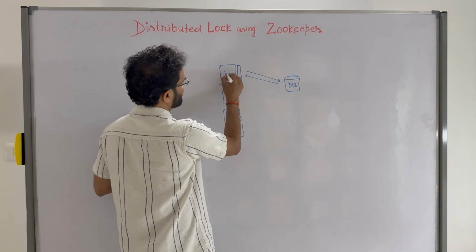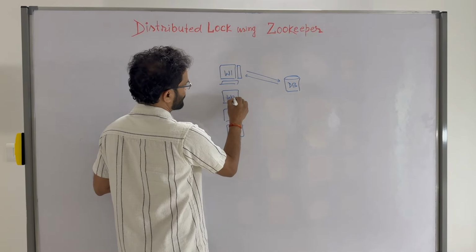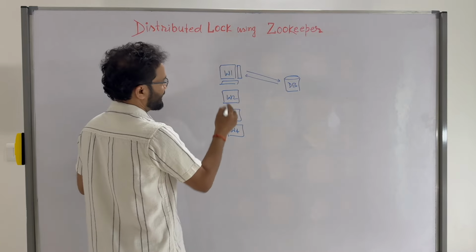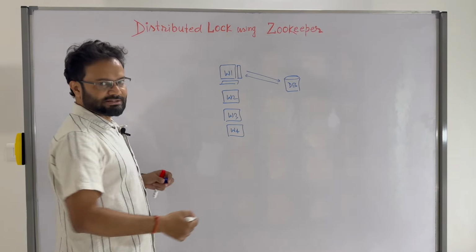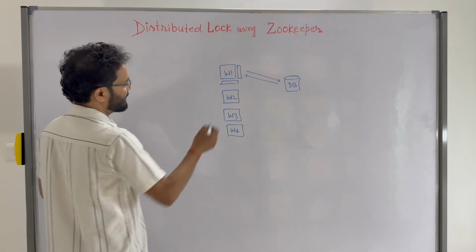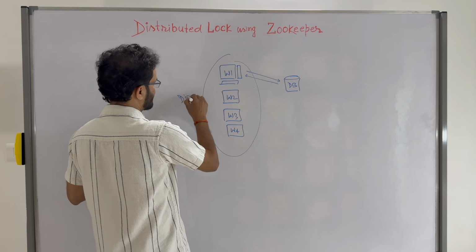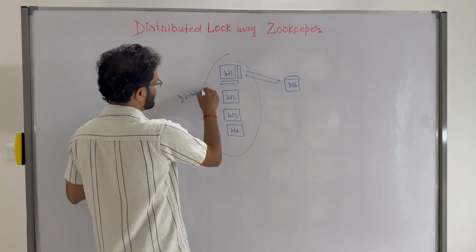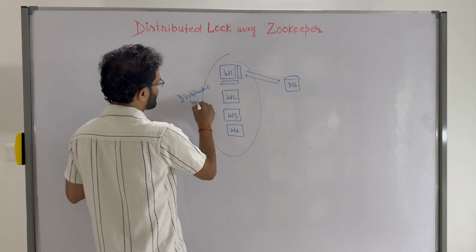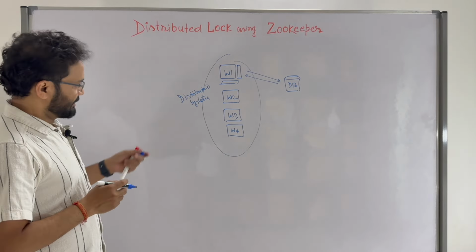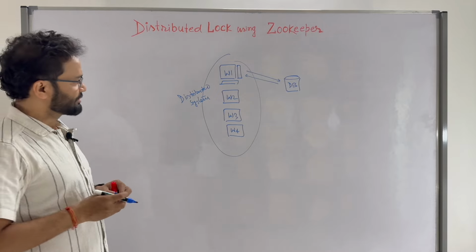Suppose this is worker node 1, worker node 2, worker node 3, worker node 4, and the moment you add them, this is called horizontal scaling, right? And this system is called a distributed system. If multiple nodes are responsible to complete one job, that is called a distributed system.